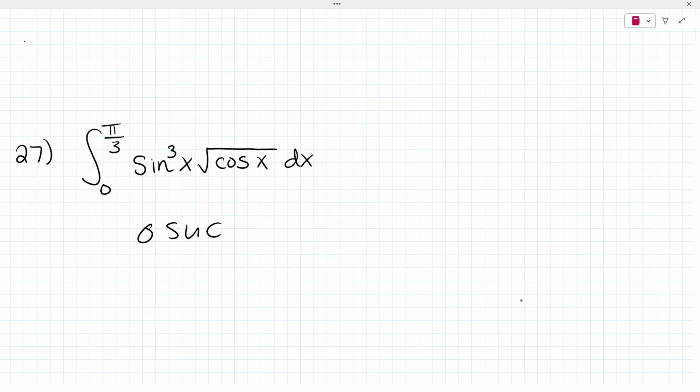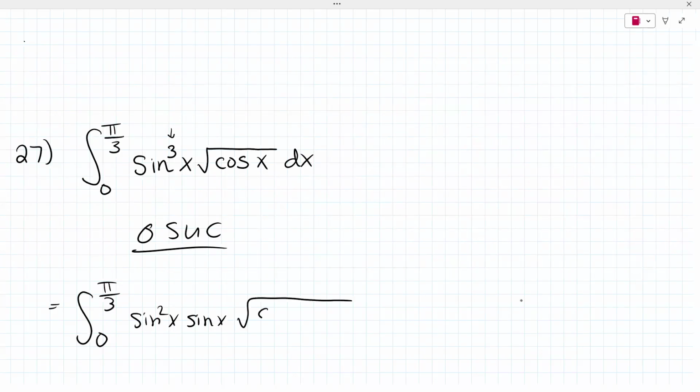So wait, 3 is odd. We have a sine, so that means odd, so with a sine, your u would be cosine. That's what this means. So I'm going to rewrite sine cubed of x as sine squared of x times sine of x times the square root of cosine of x dx.